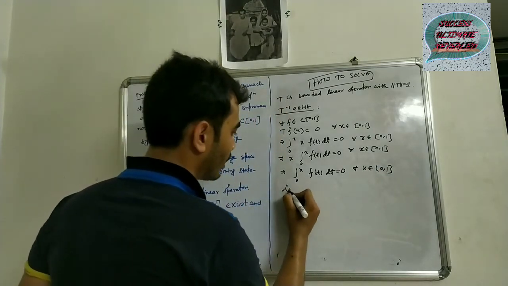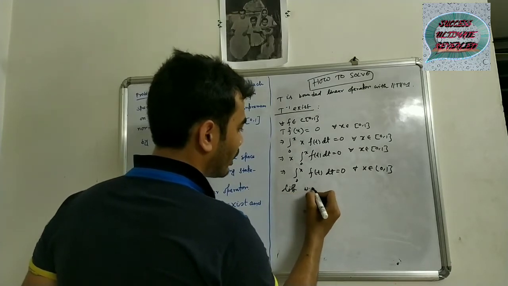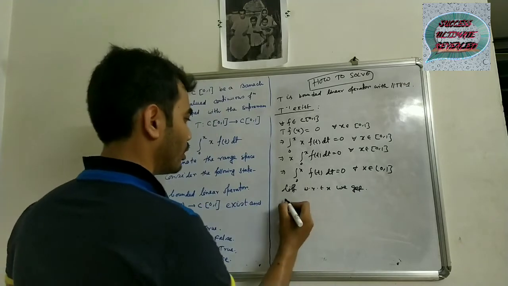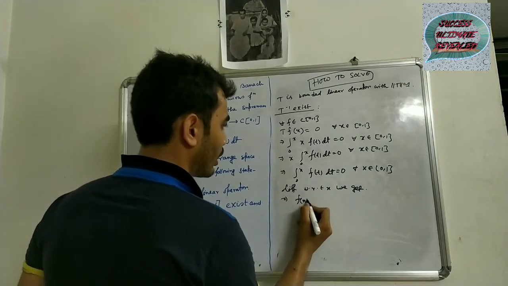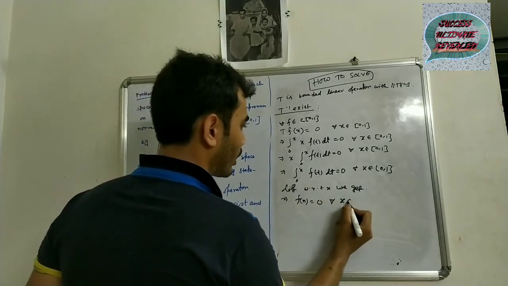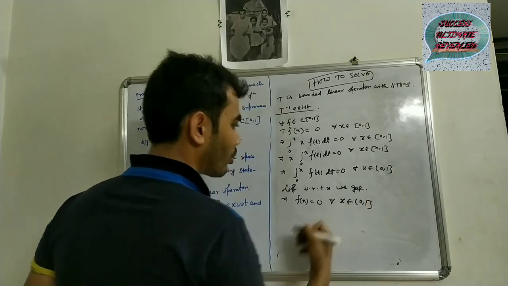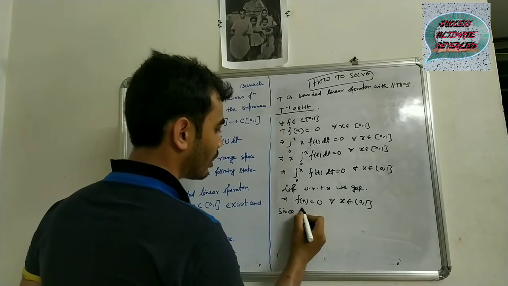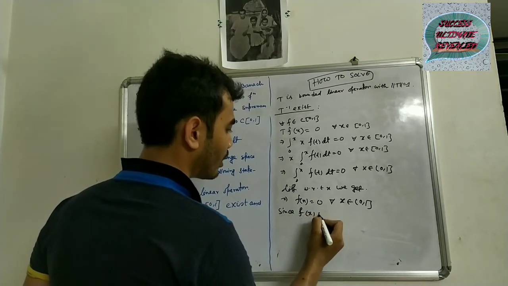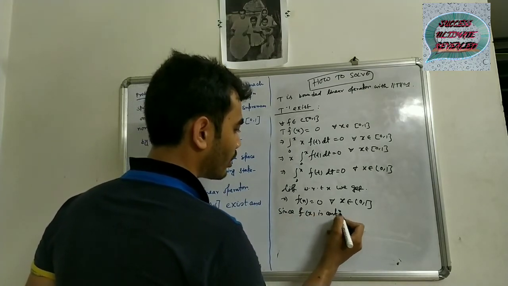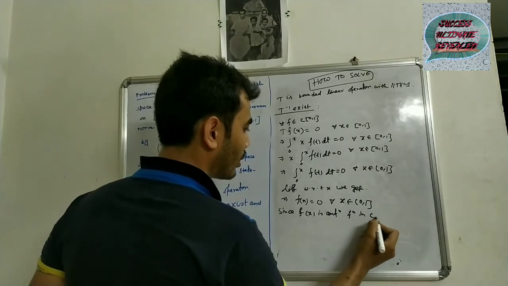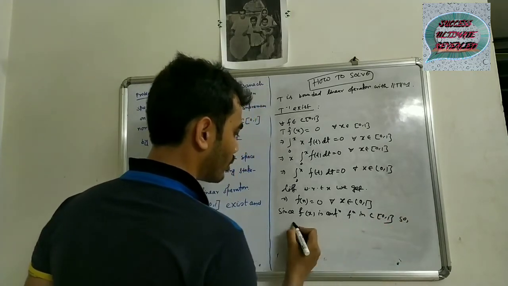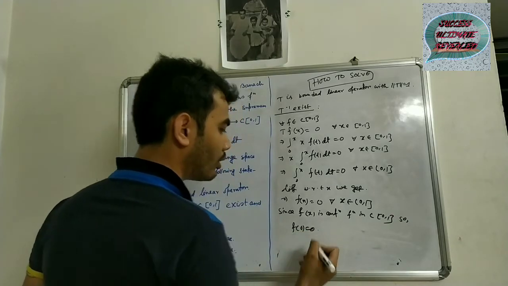Now differentiating with respect to x, we get f(x) equal to 0 for all x belonging to (0,1]. Okay, since f(x) is a continuous function in C[0,1], f(0) equals 0.